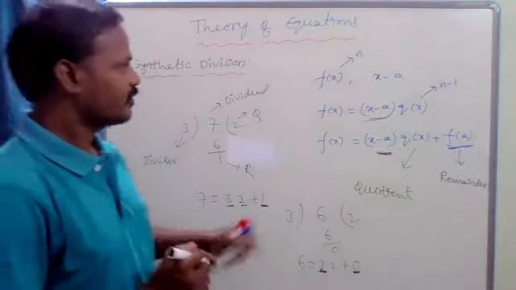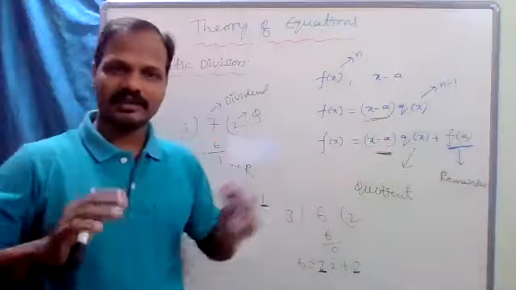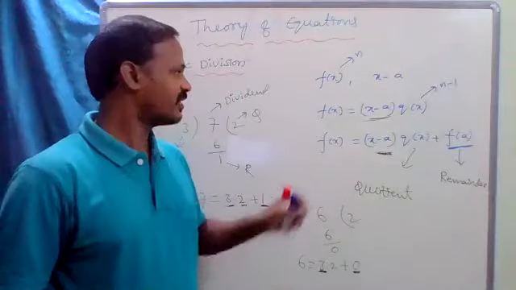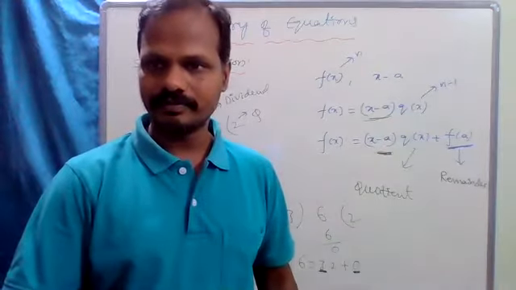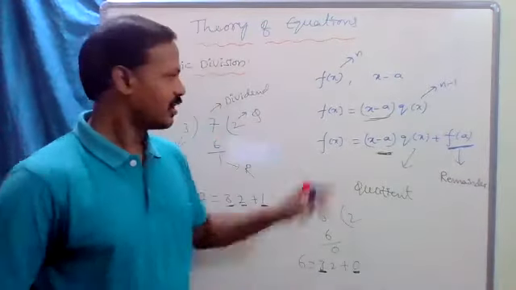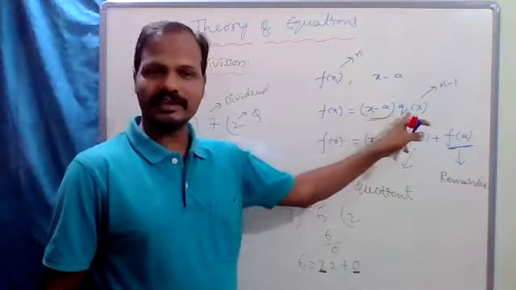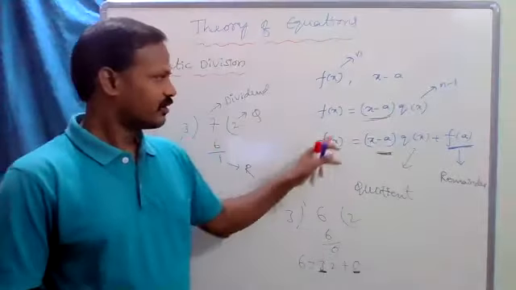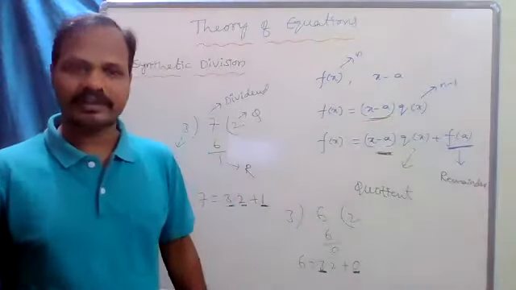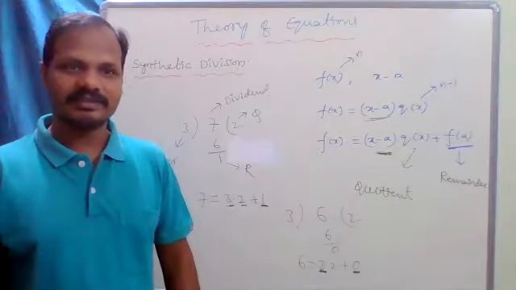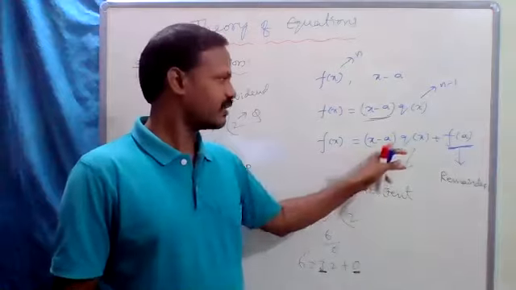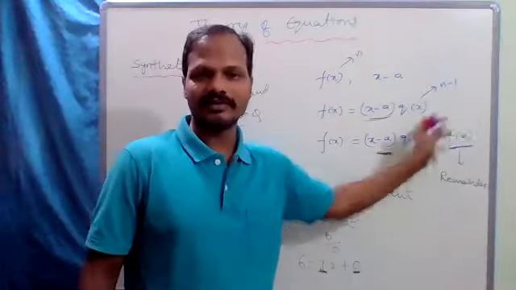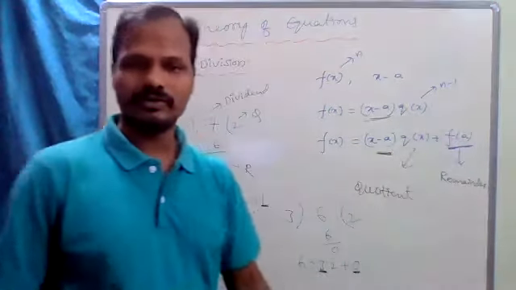If x minus a is a factor, that means it exactly divides f of x, then f of x can be written as x minus a into q of x. If x minus a is not a factor, it does not divide f of x exactly, then f of x equals x minus a into q of x plus f of a, which is some non-zero remainder.